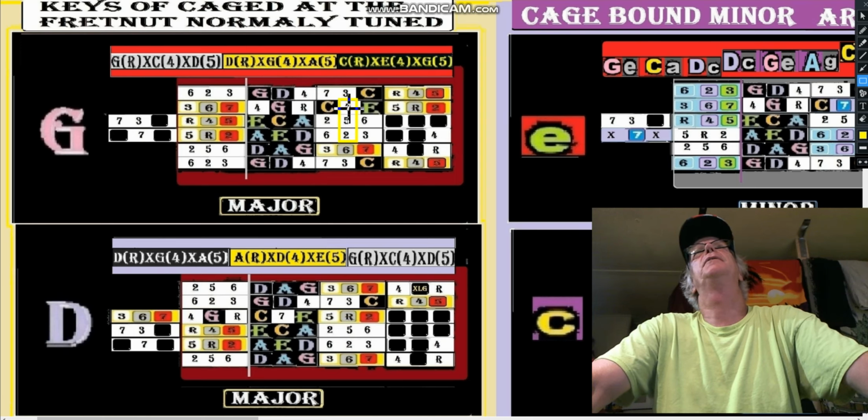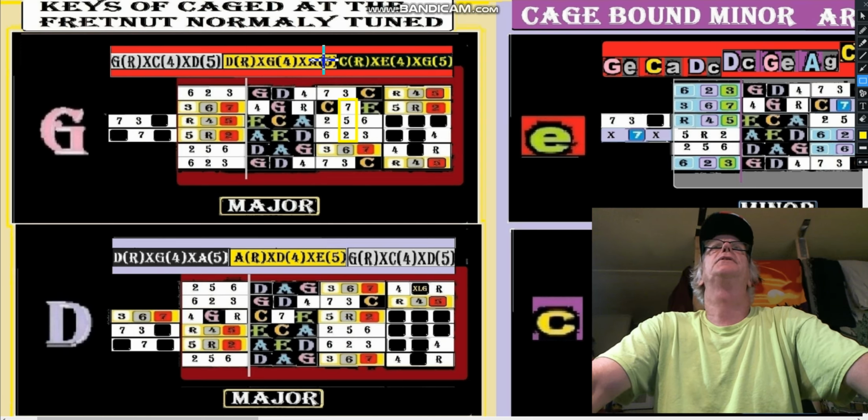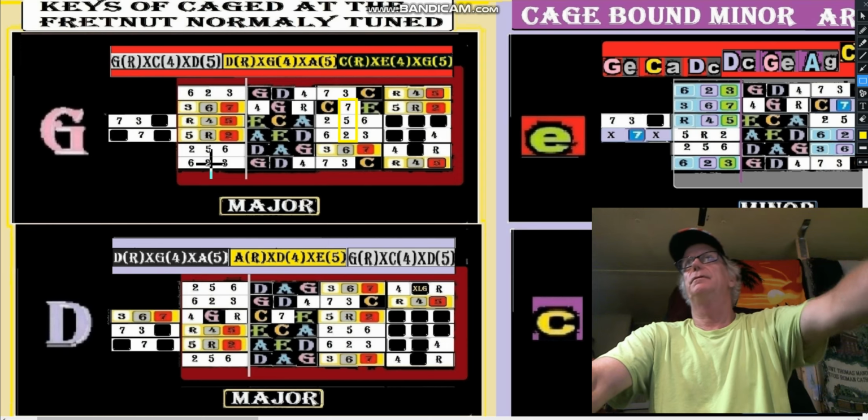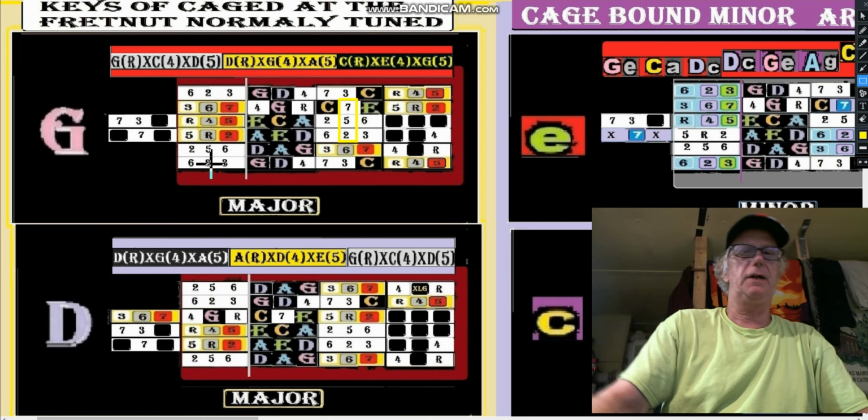Not a very easy to see color either. Okay, and that's your A-shaped fifth right there. And it starts on the 2, and 2 is the fifth of the fifth. So that's how that works.